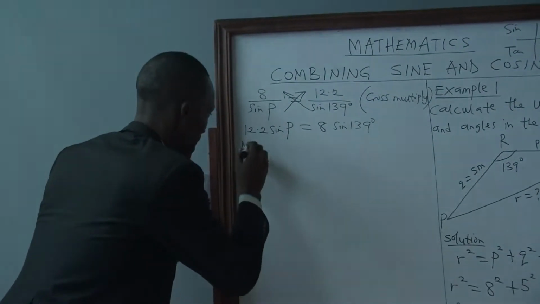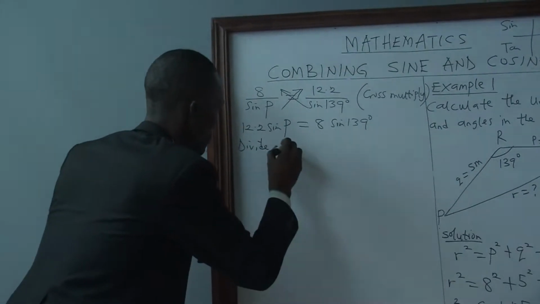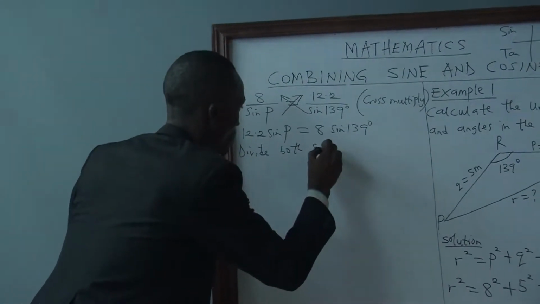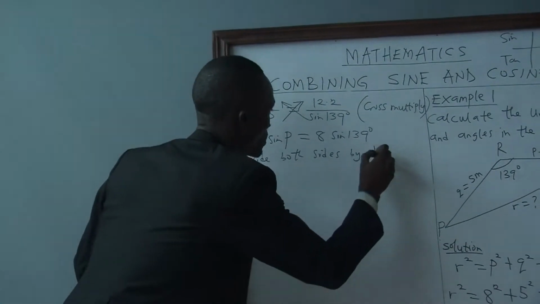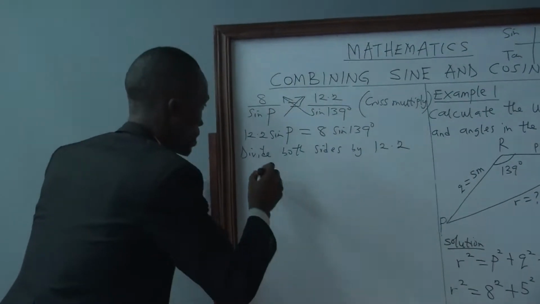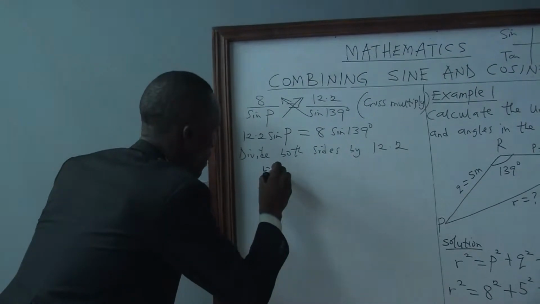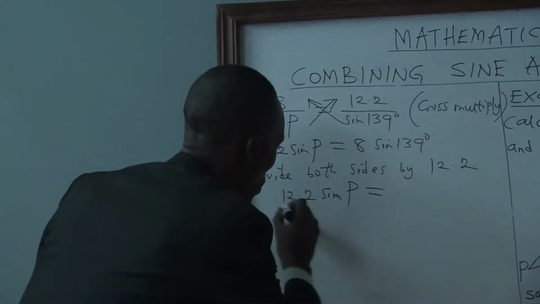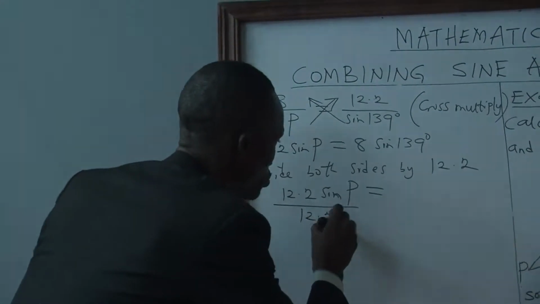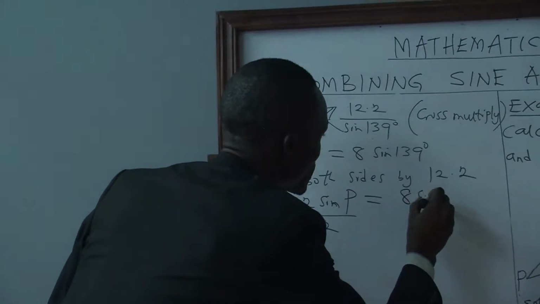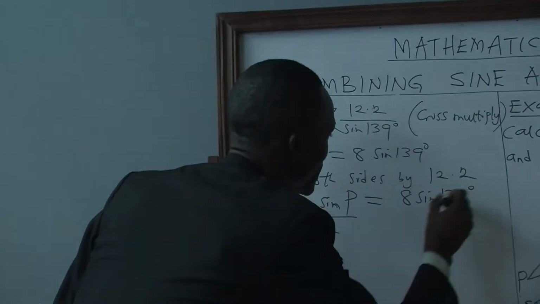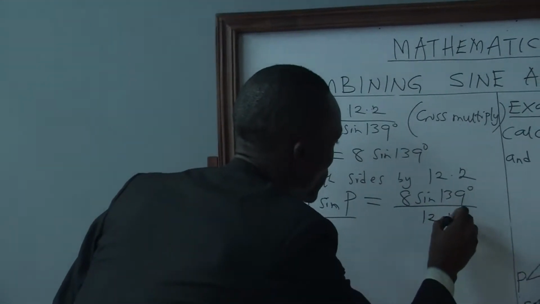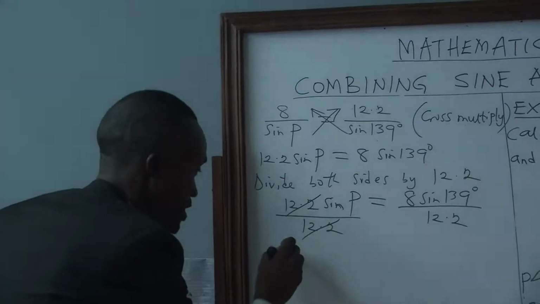So we divide both sides by 12.2, and we have 12.2 sine P over 12.2 is equal to 8 sine 139 degree divided by 12.2. This will cancel this.